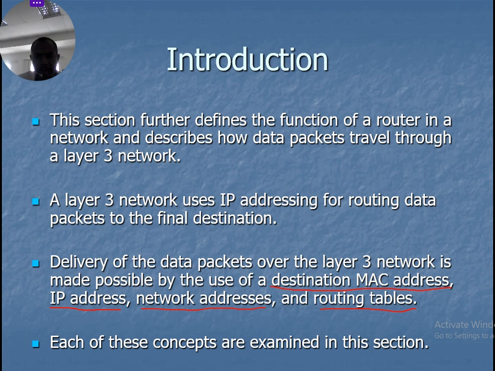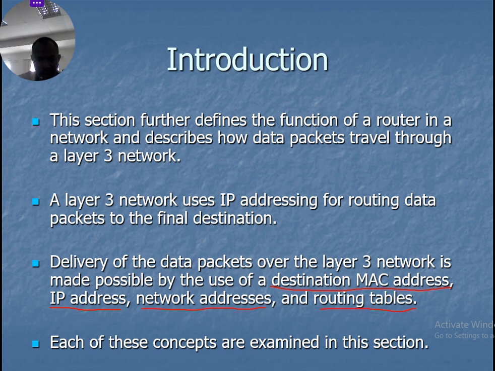So we need to know the IP address, because when we send a data packet from a given local area network, it's going to find its way through a gateway address. So it finds its way to the router, and when it gets to the router, the router will route it using the routing table to the destination. On getting to the destination, the data packet will land on the router in the destination gateway. That router normally will issue an ARP to the switch or the destination.